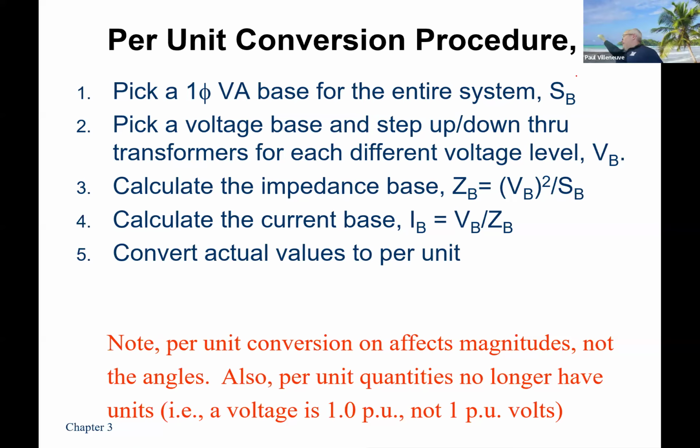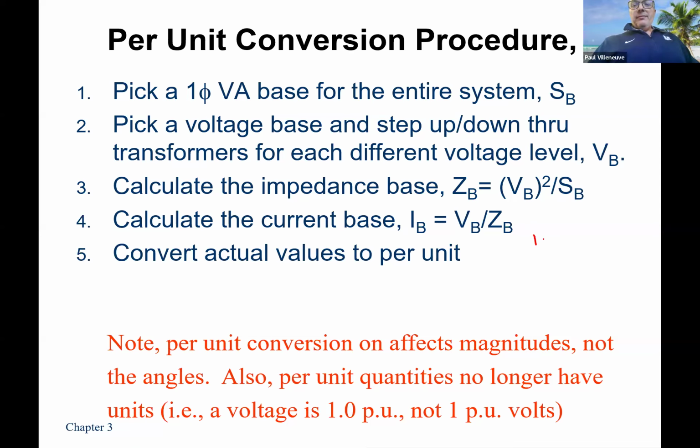All right. Then if I need to, I'm going to calculate my impedance base because, again, I don't want to calculate transformer impedances. I want to take those to per unit. So I'm going to take VB squared, my voltage base squared, divided by my S base. What does that equal?